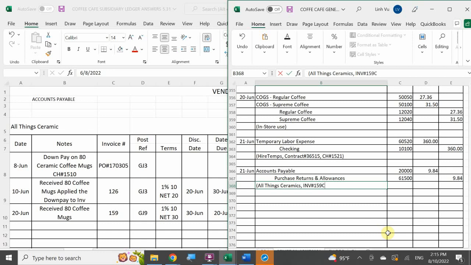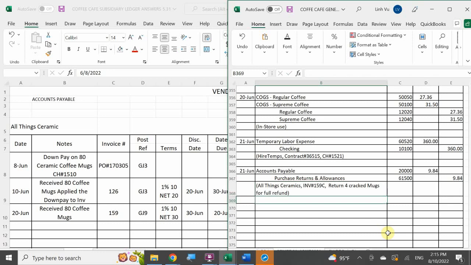You add a letter C for credit. So when you enter this into your subsidiary ledger, you know this credit belongs to this invoice, and it's going to reduce it. Then you can put in return for cracked mugs for full refund. And that's it.